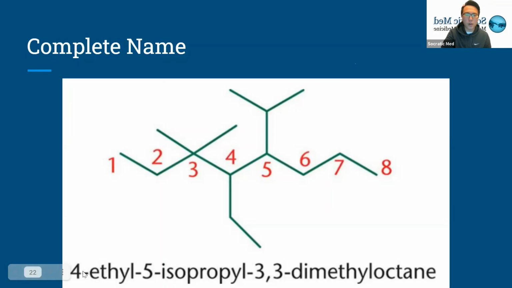So you can see here you have 4-ethyl to signify that ethyl is on carbon number 4, the isopropyl is on carbon number 5, and then there are dimethyl, so 2 methyl groups and they're both on carbon 3. So you write 3,3 to show that there are 2 methyl groups on carbon number 3.